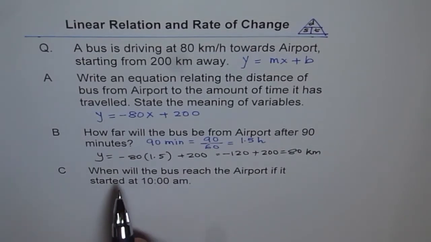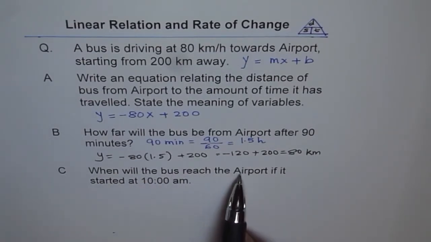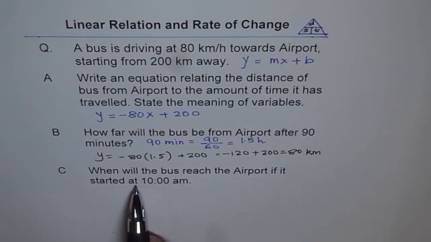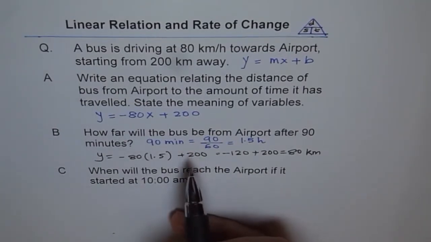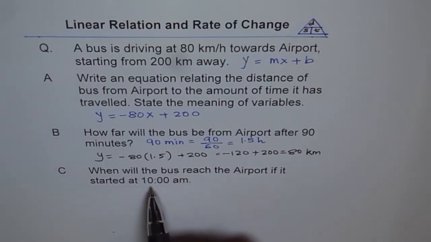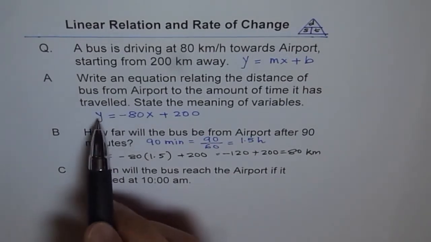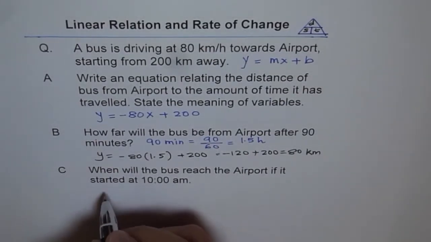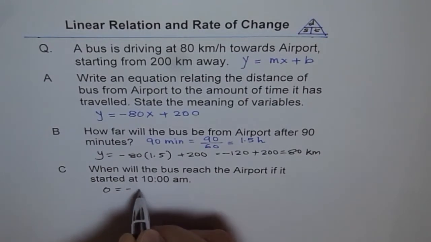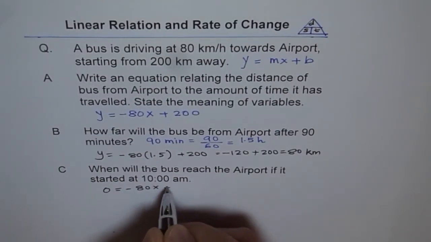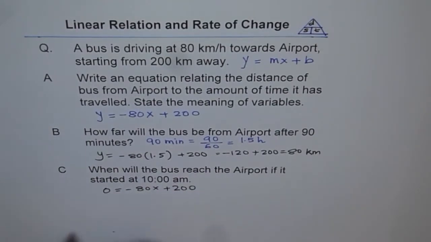Part C is, when will the bus reach the airport if it started at 10 a.m., correct? Now, if it started at 10 a.m., we'll find how much time it takes and add that to this time, right? When the bus reaches the airport, distance will be 0. So using our equation, we get 0 equals minus 80x plus 200. Now we can bring 200 to this side.